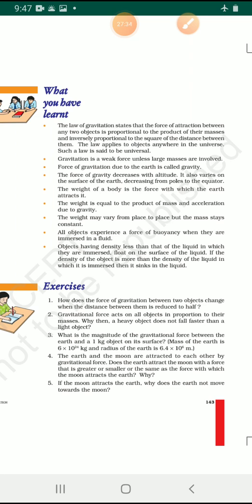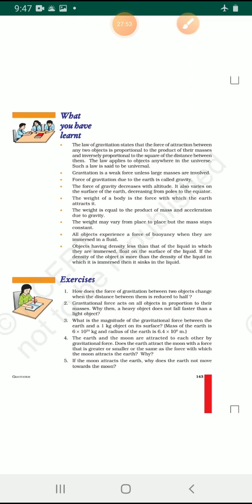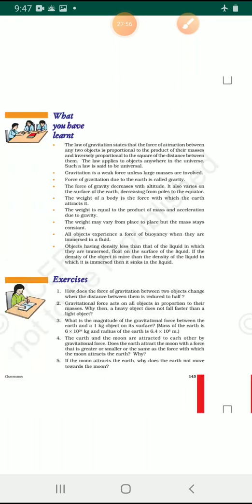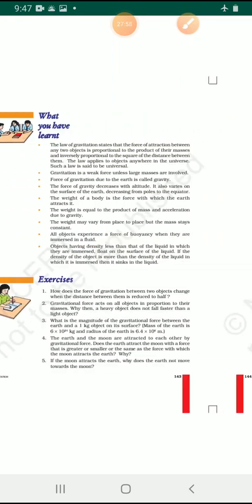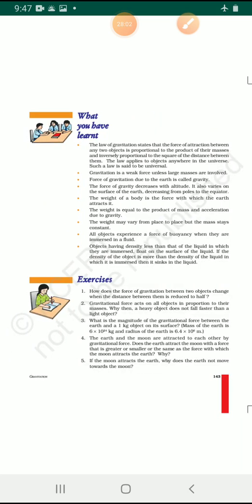As far as relative density is concerned, we relate the density of other materials with the density of water, which we measure as 1000 kg per meter cube. If it is more than that, the object is going to sink in water. If it is less than that, the object is going to float on water. We have discussed all these things in previous classes. Through this we can conclude the chapter gravitation.